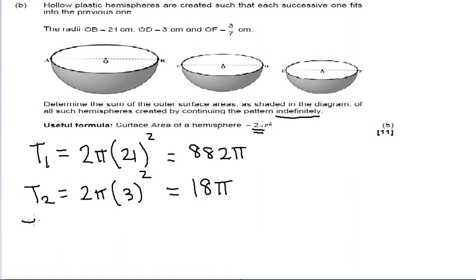So I'll get the area of the third hemisphere, so T3, that's going to be equal to 2 pi, and the third radius, it's actually a fraction, it's 3 over 7 squared, and again I will leave my answer in terms of pi. That's going to give me 18 over 49 pi.